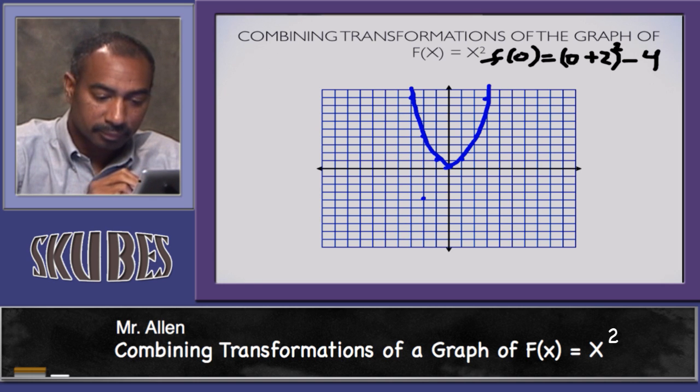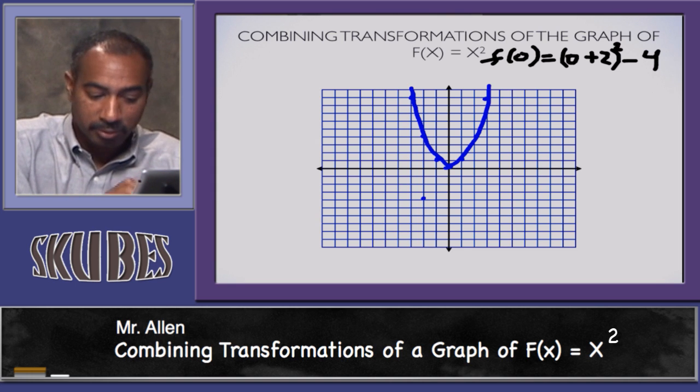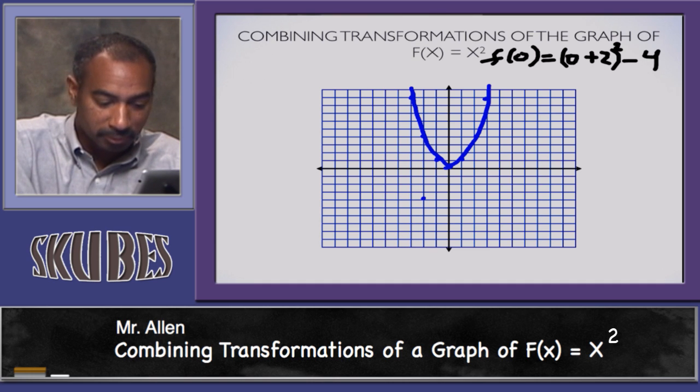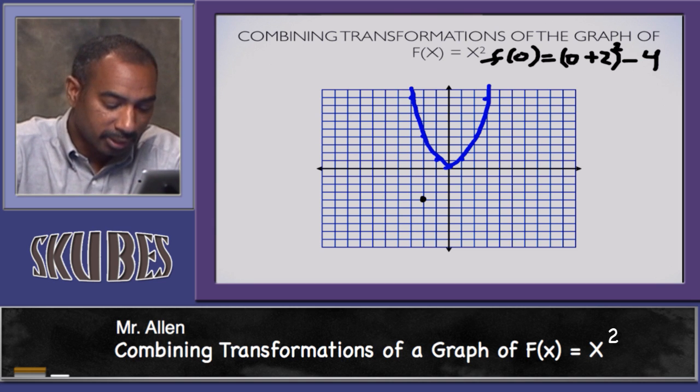First, let's find the axis of symmetry. We have the vertex is 0, 0. We're going to move to the left 2, so I'm going to go 1, 2, and I'm going to go down 4: 1, 2, 3, 4, make a point. And that means this is my new axis of symmetry here.